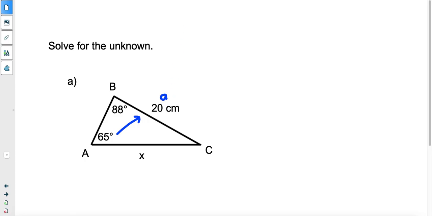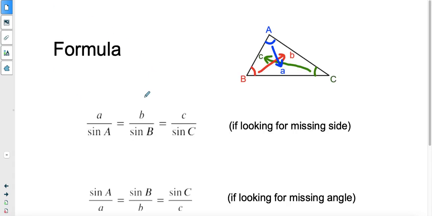We also know our angle B is 88 degrees. The side across from angle B we can label with a lowercase b. Since we're looking for the missing side of this triangle, we can use this formula up at the top to find the missing side.